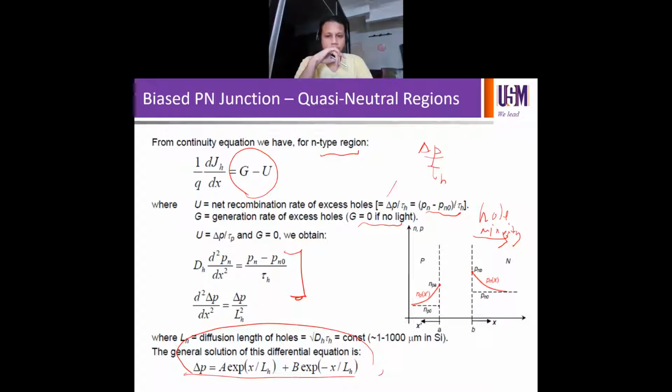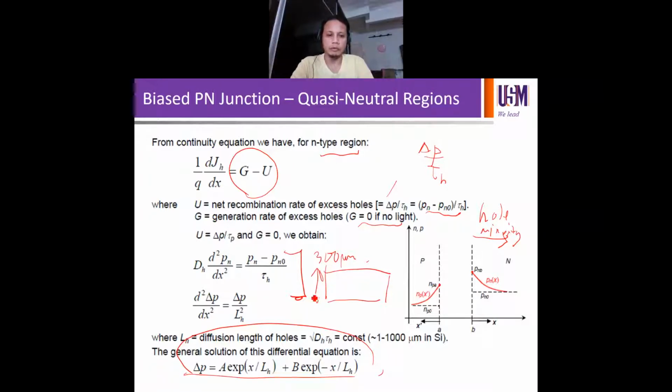In this general solution, you have to know the diffusion length of holes. If you're talking about silicon, for example, your silicon is 200 or 300 micron maybe. Your diffusion length is given by the square root of the diffusivity times the lifetime. For silicon, that typically ranges from 1 micron up to 1000 micron.